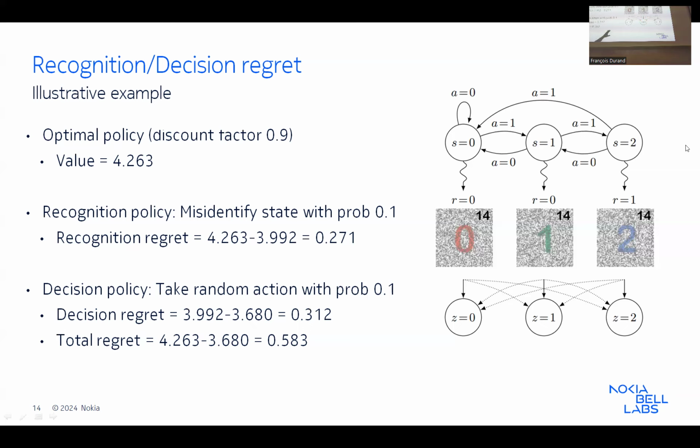So we've got this slight interference in the image. Then to define the recognition regret, based on that misidentification, we go to our representation of the state, and we might actually get it wrong. If we're actually in state 0, we might say we're in state 1 or state 2.